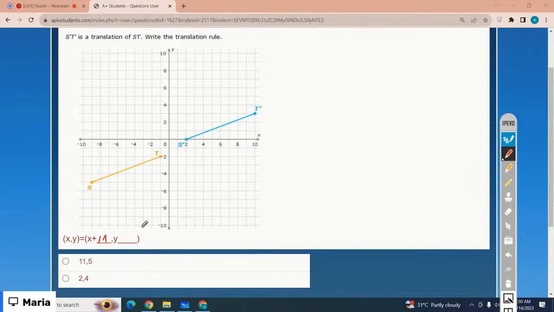And then T moved up 2 and 5, 7 moved up. 1, 2 and 3, 4, 5, 5 up. Sorry. That is 11 and 5. Right? Option number 1 is the correct option.